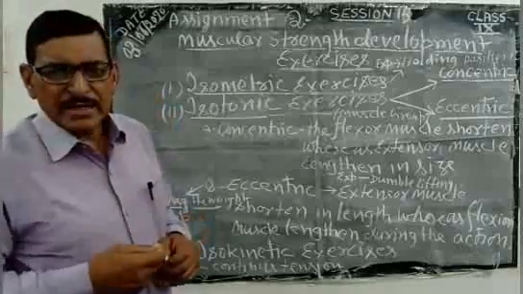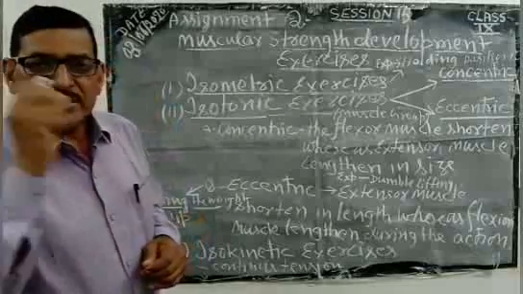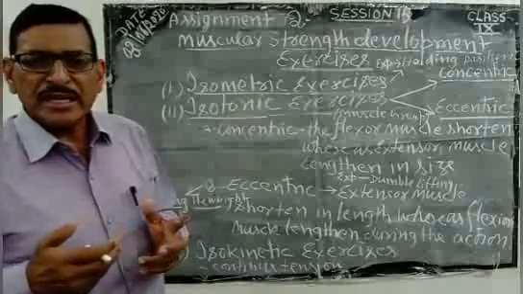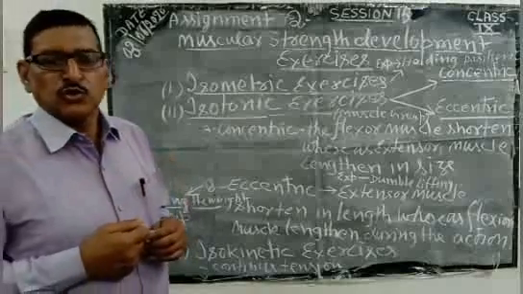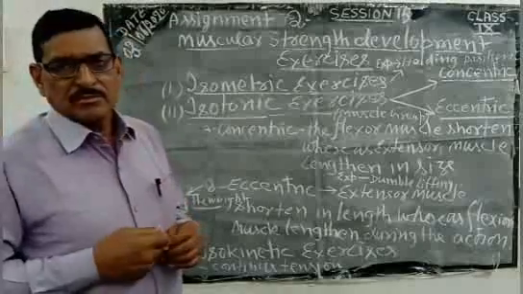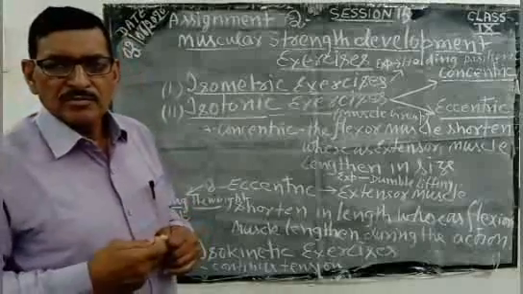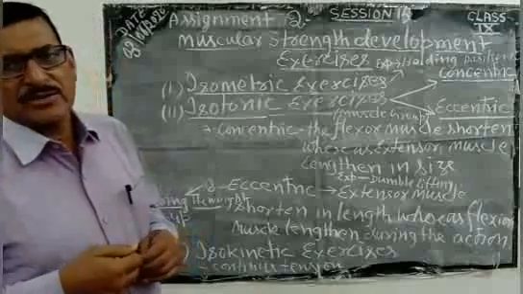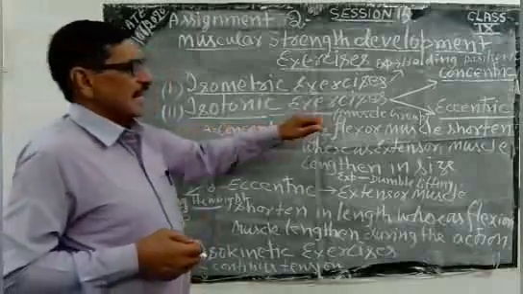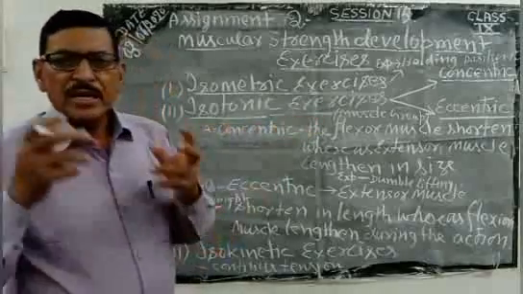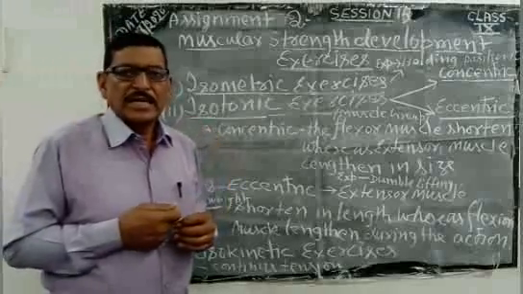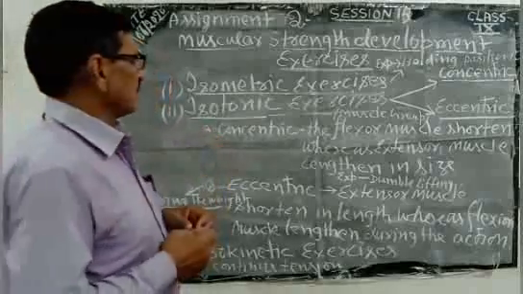In this exercise, the length of muscle change during the action. So, work is done during the exercise. The best example of isotonic exercise, that will be running, jumping, and that action related with the movement.